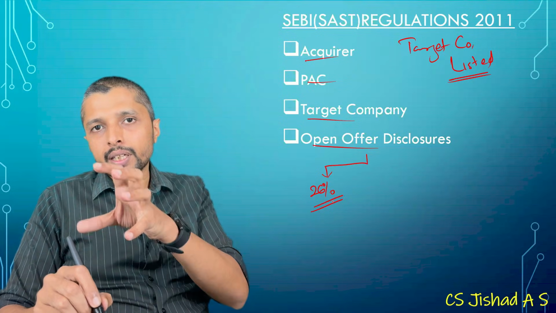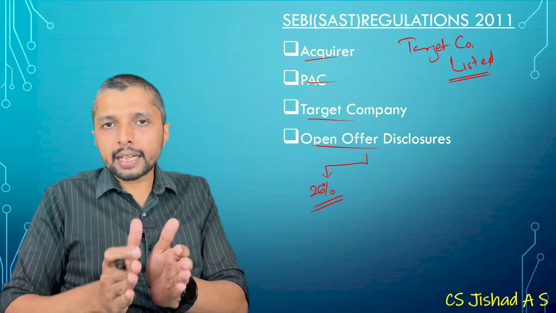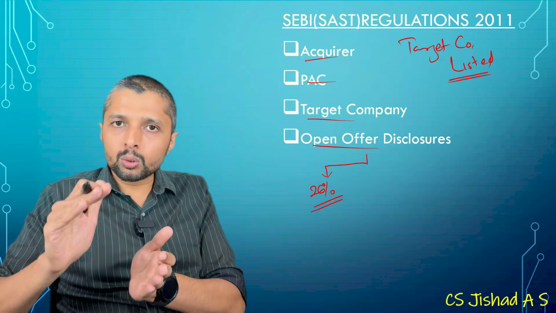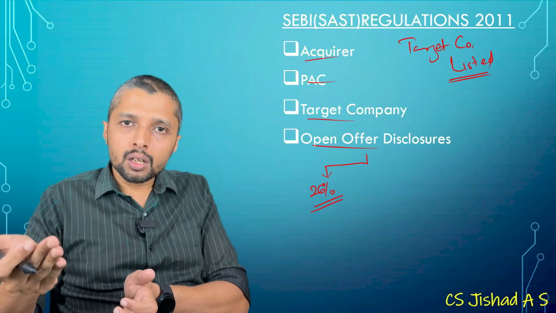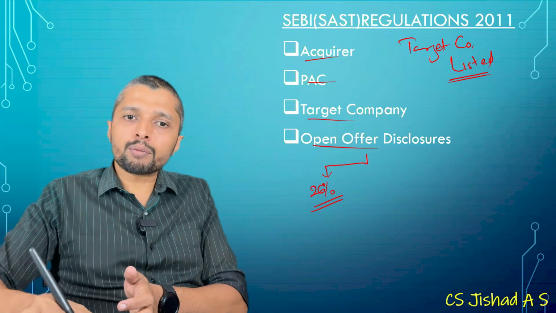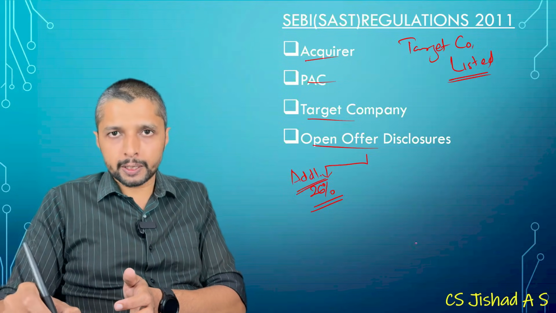That means you have less than 25% in the target company, and this acquisition entitles you to exercise 25% or more voting rights. You will have to give an additional open offer of 26%.